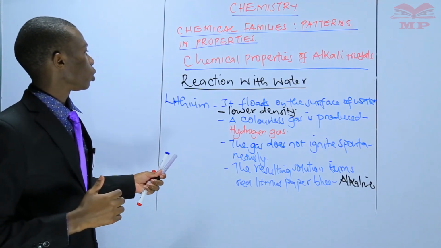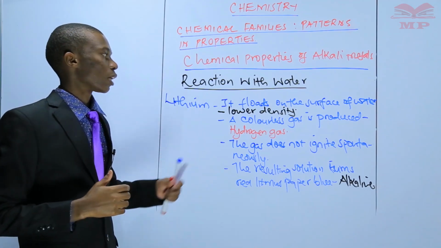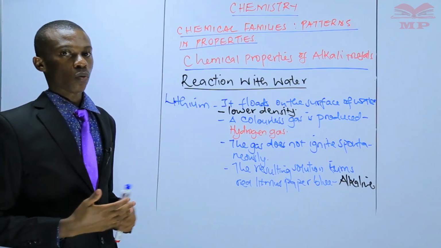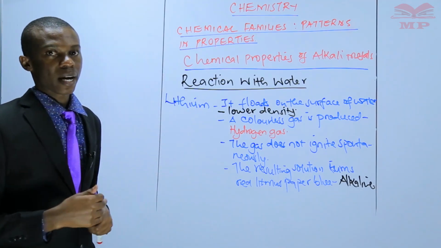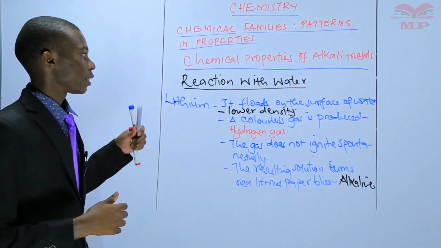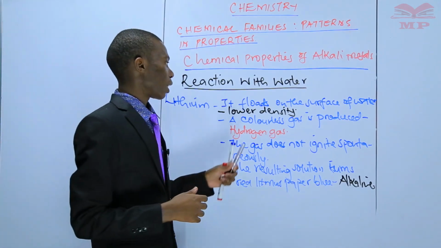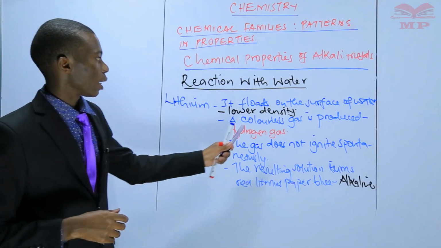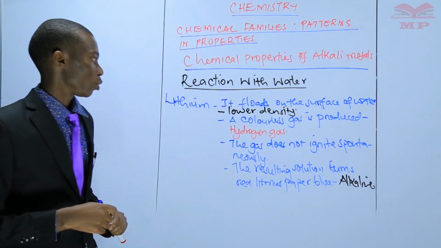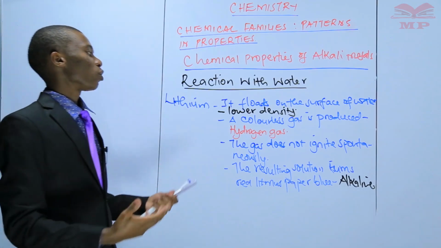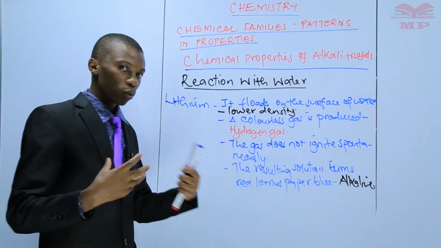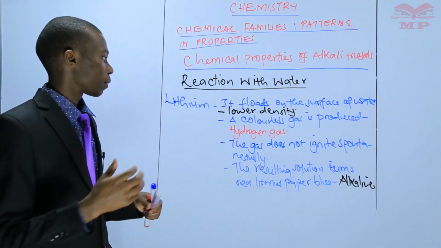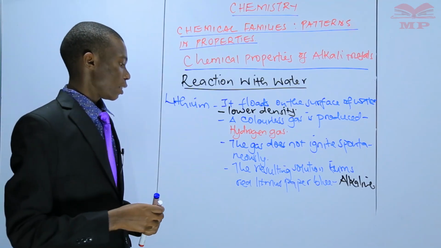Then the reaction between lithium and water leads to formation of lithium hydroxide solution, and hydrogen gas is produced. The hydrogen gas produced is the colorless gas. Then this gas does not ignite spontaneously. And the resulting solution is now alkaline.